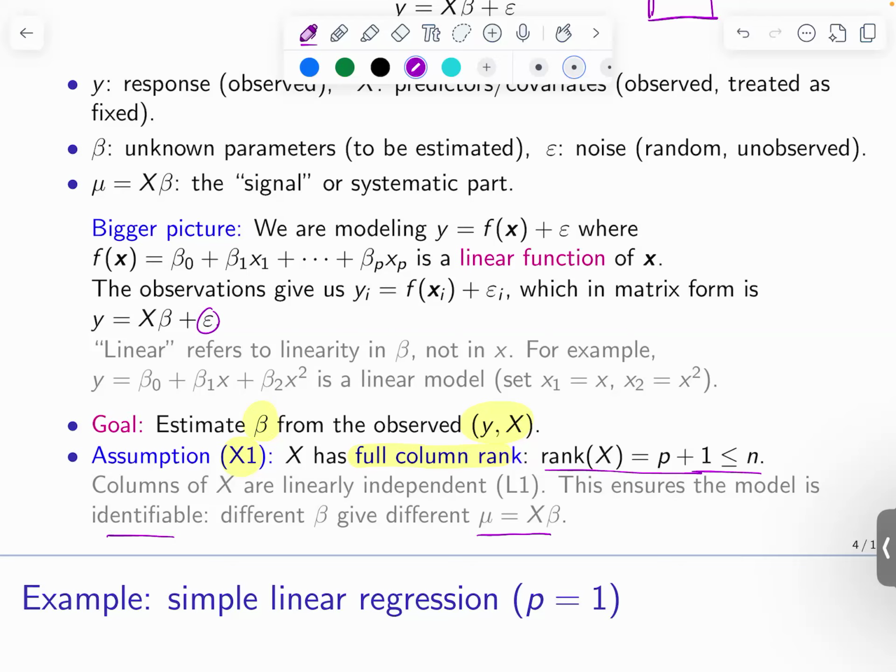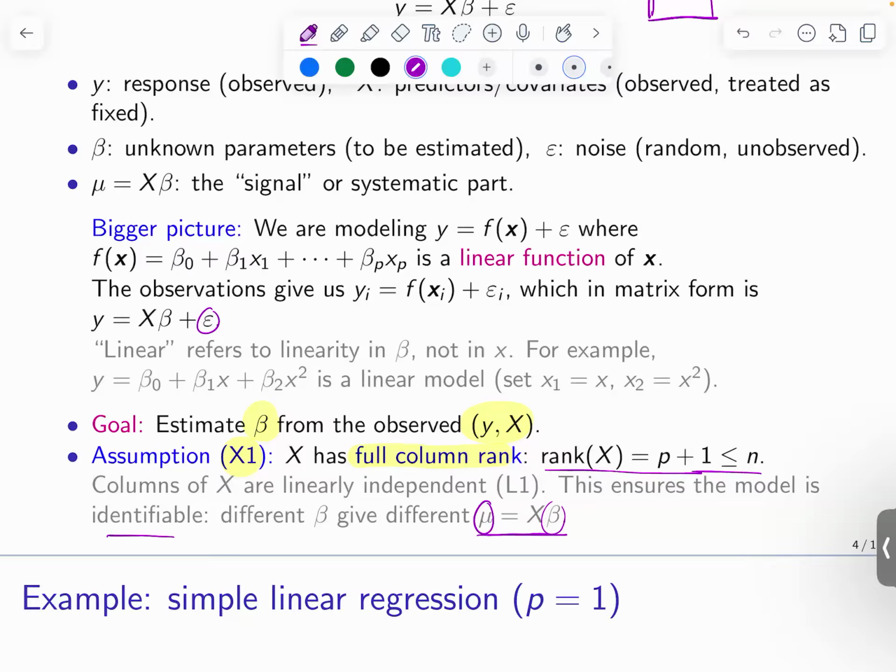And if I know that different betas give different mu's, I can identify beta from mu. Another way of saying it is that if I solve this linear system of equations, if you give me mu, I can uniquely solve for beta. There is a single beta such that x beta is equal to mu. These are all different ways of stating the same thing.